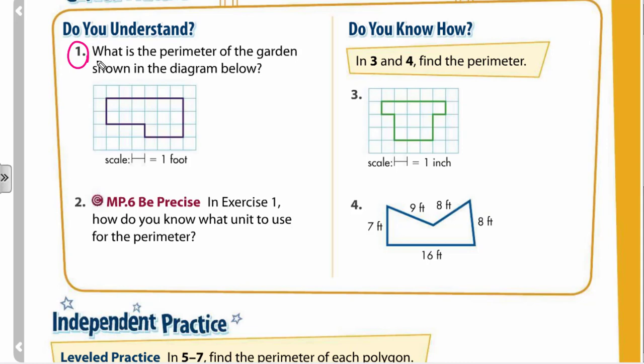Okay, read the question for us. Question number 1. What is the parameter of the top of the column shown in the diagram below? Okay, how to find the parameter here? We can count, right? Yes.